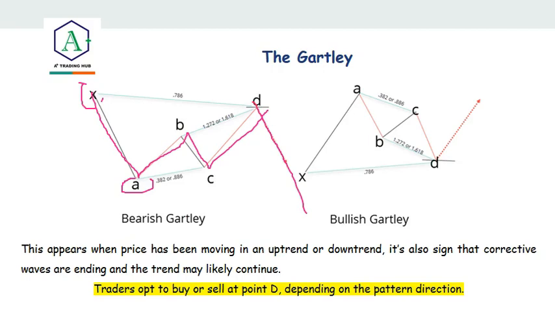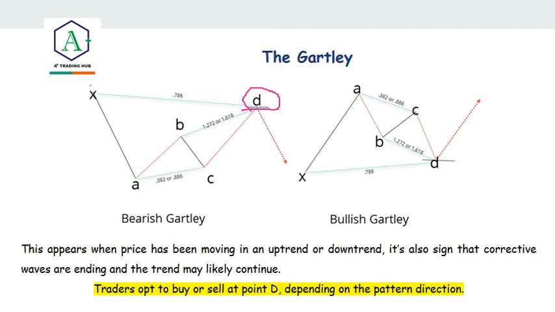So that is why you need to see the XA and the BC leg first. So when you see the XA and the BC leg, you are rest assured that there is a potential harmonic pattern forming. So for the Gartley, you look to enter your trade at the D point.